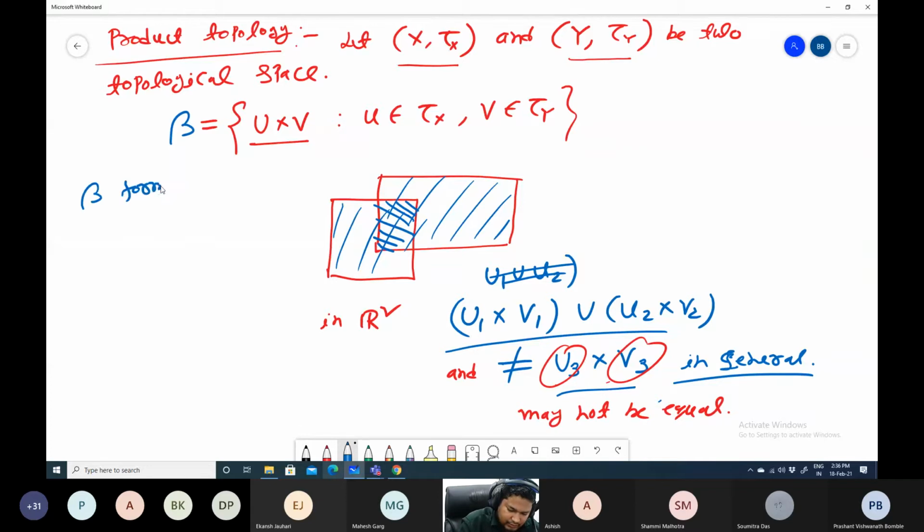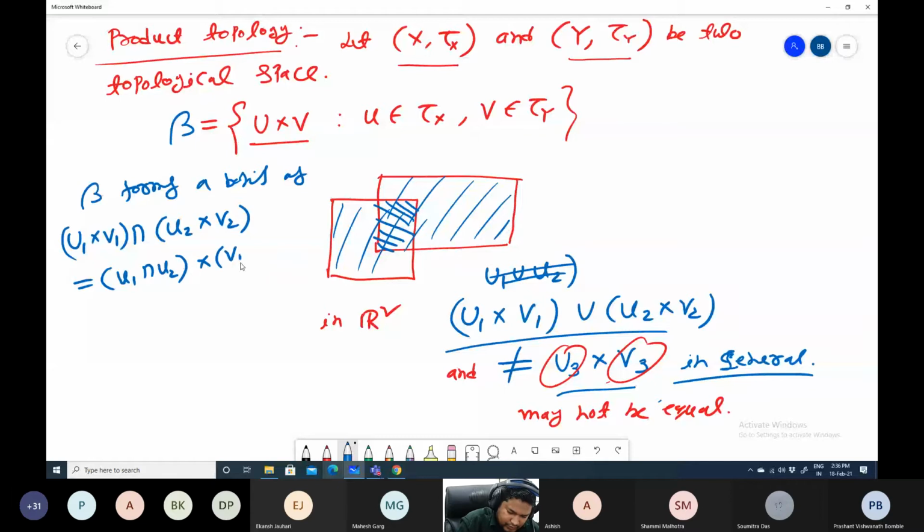Beta forms a basis, as U1 cross V1 intersection U2 cross V2 equals U1 intersection U2 cross V1 intersection V2, right? So the second property of a basis is satisfied and the first property is trivially satisfied. So therefore beta forms a basis.